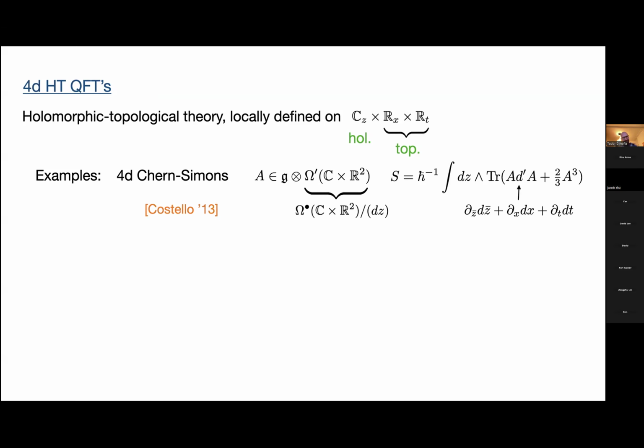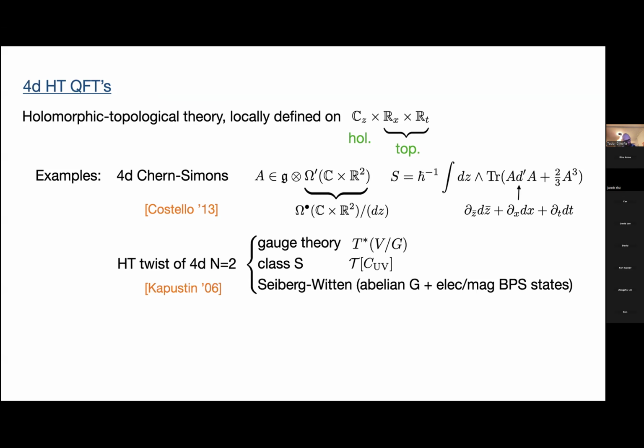And like Calabi-Yau Chern-Simons, you take the Chern-Simons 3-form and wedge it with the holomorphic volume form. Here you do the same thing, but wedge it with a holomorphic volume form on this copy of C, which you have to choose. One choice in just a Euclidean setup is dz. So this was introduced and discussed by Costello, in relation to Yangians, and then much more by Costello-Yamazaki and Witten.